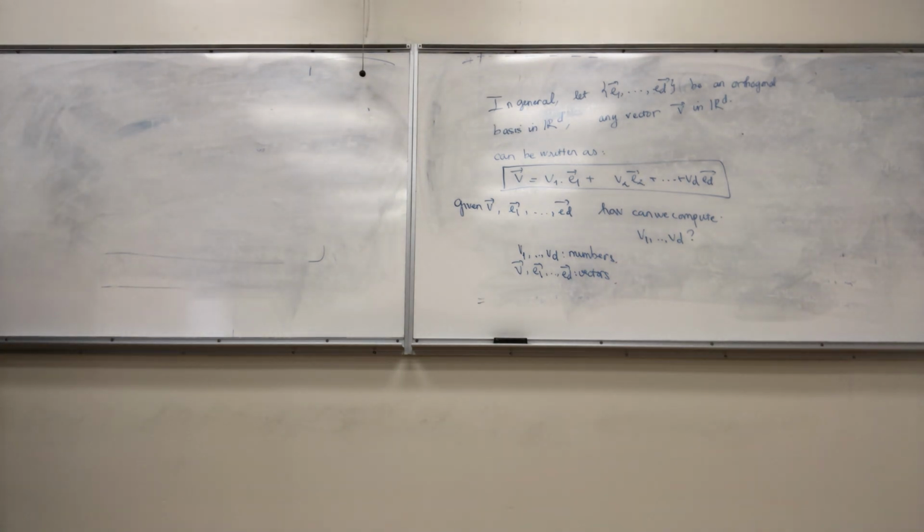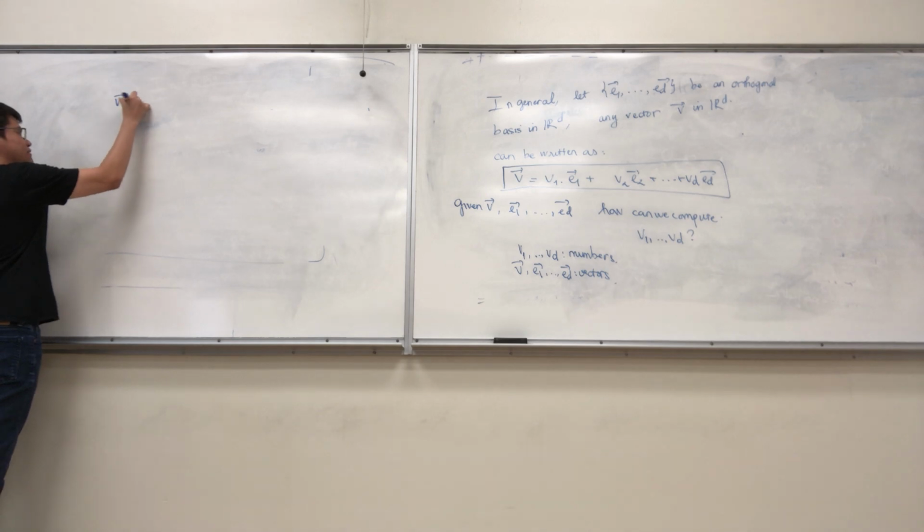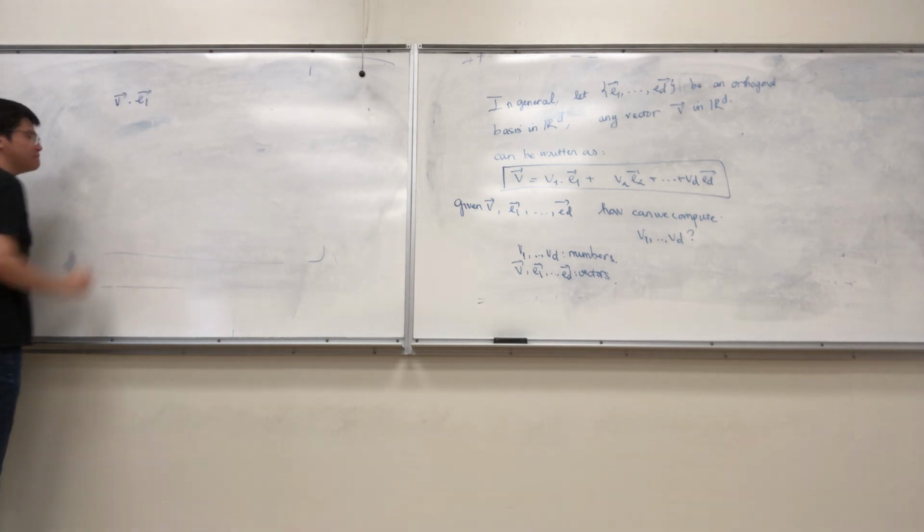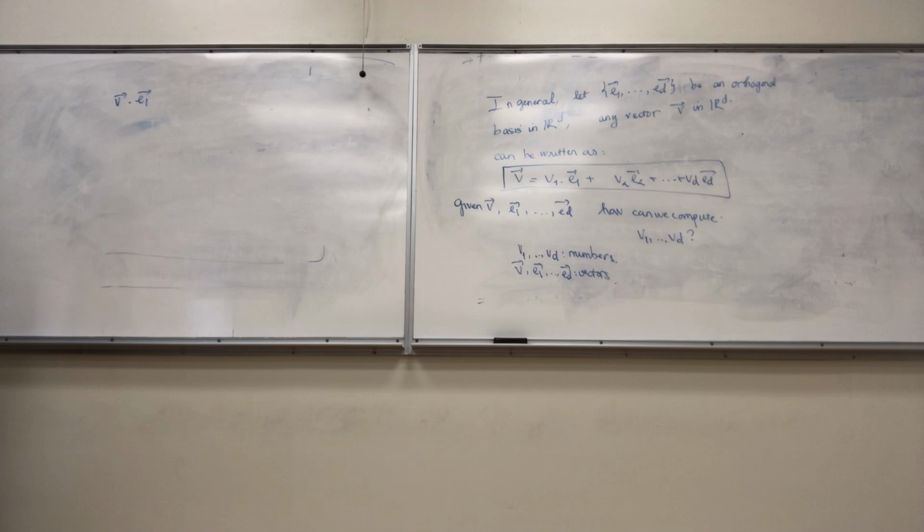And so now the idea of this is the following, right? So suppose that I multiply V with E1. What do I get?